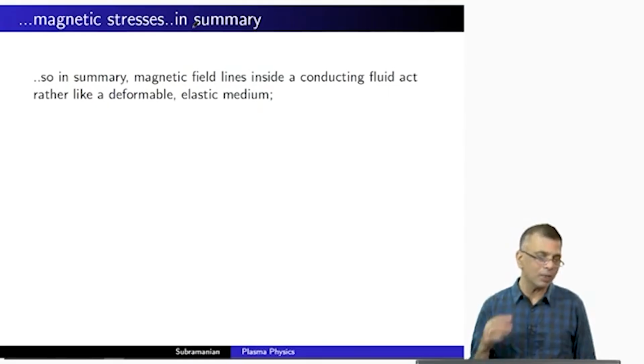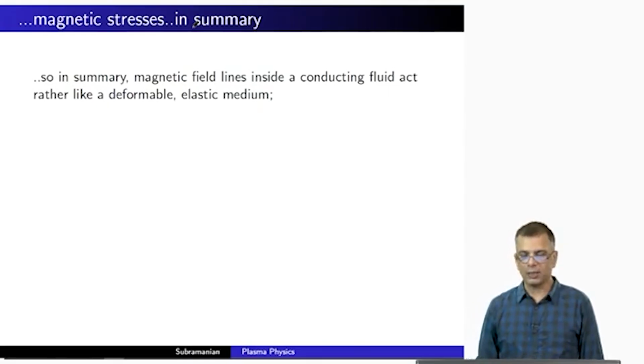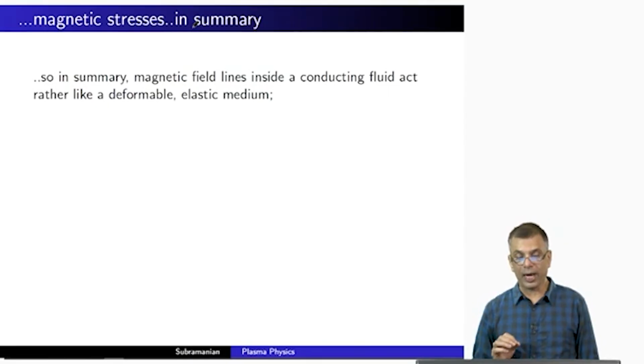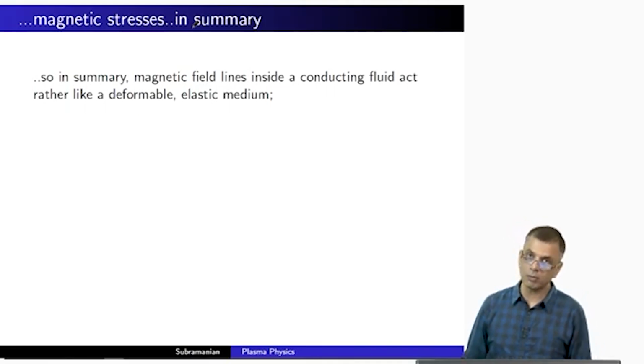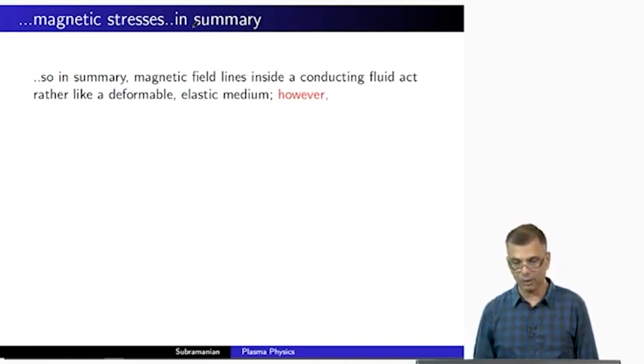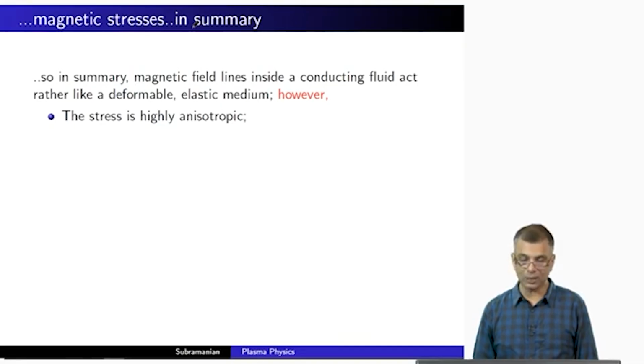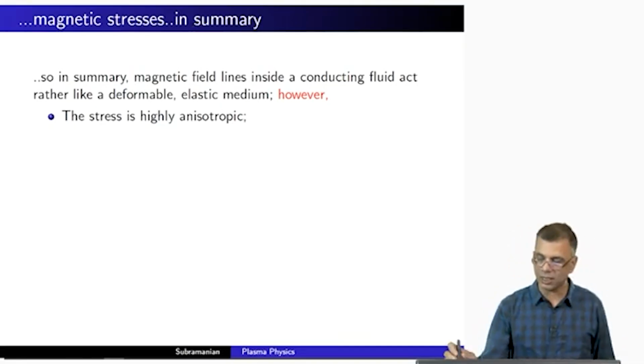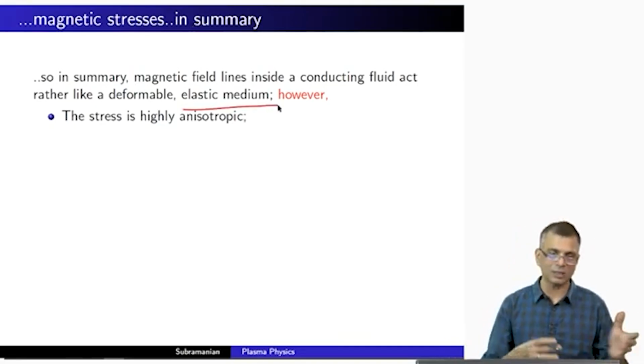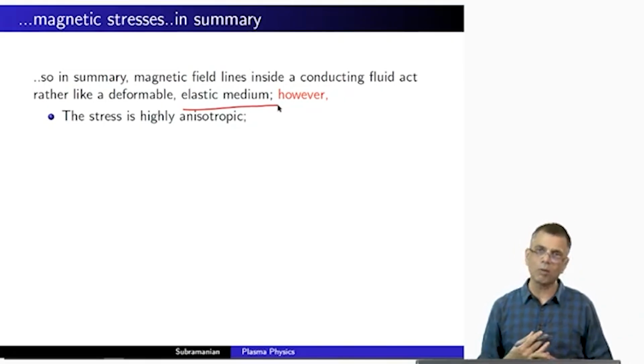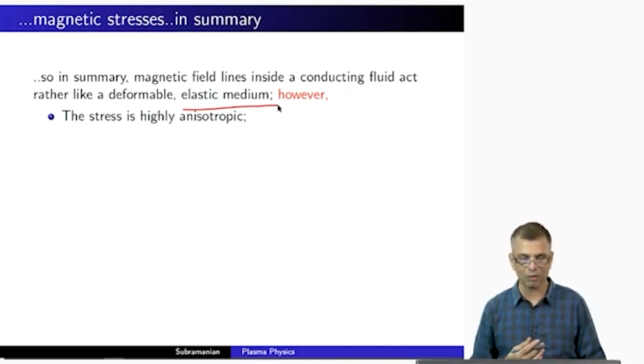So, in summary, magnetic field lines inside a conducting fluid act rather like a deformable elastic medium. However, the stress is highly anisotropic. Normally, you do not think of elasticity as an anisotropic thing.